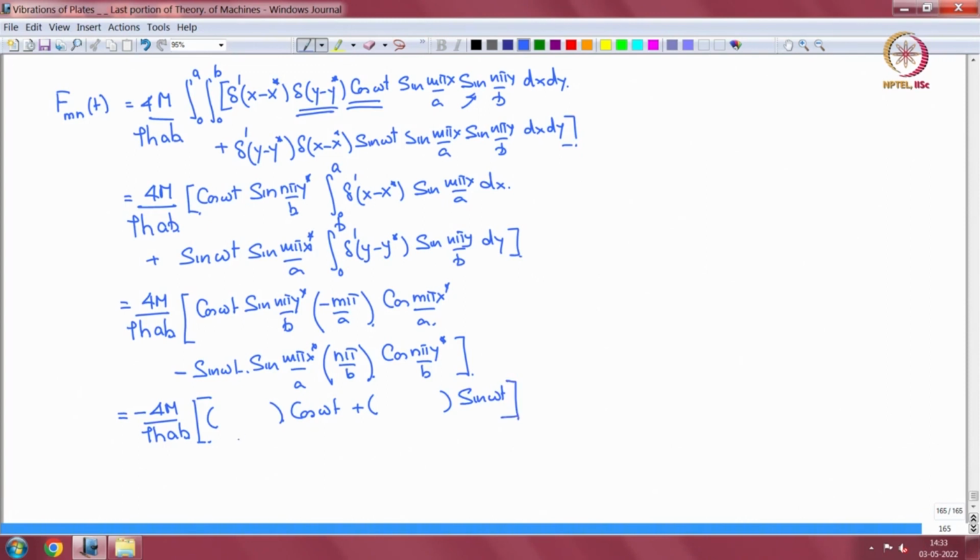So if I make this a sine phi and make this a cos phi, where phi is something, okay, then I have minus 4m by rho h ab A sine omega t plus phi.